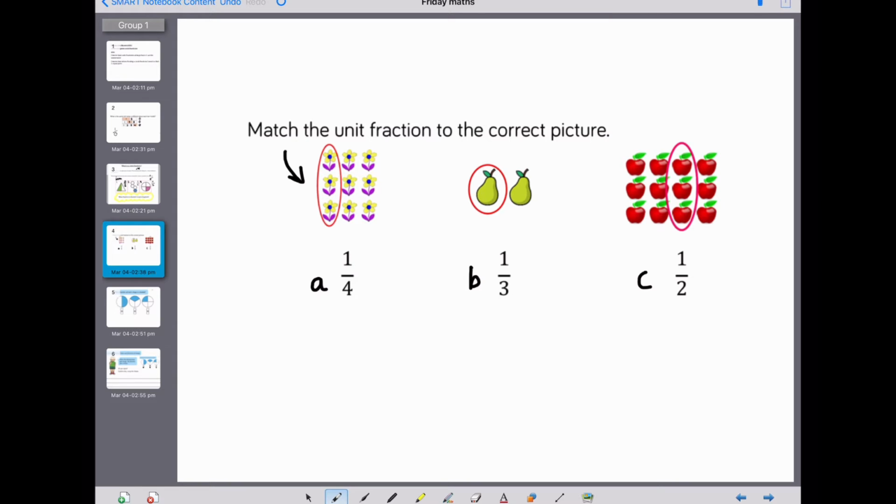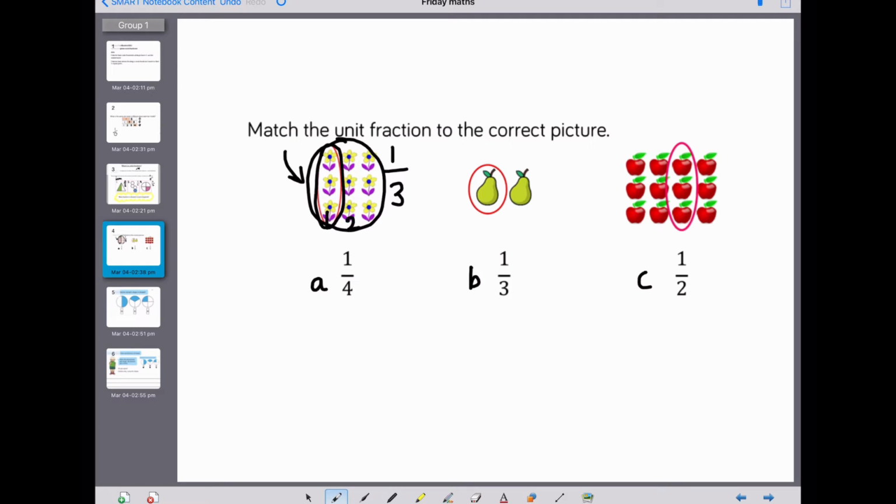A, B or C? Tell the screen now. Well done. 1/3 is circled because one part is shaded or circled, out of 3 parts altogether.